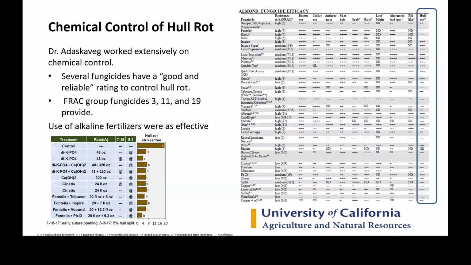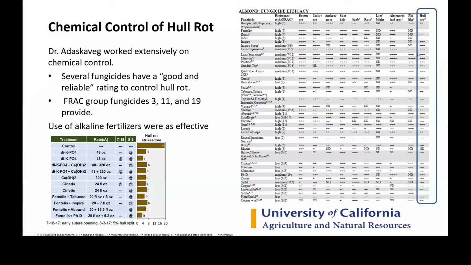I'm now going to switch gears and talk about chemical control. Most of this work has been done by Dr. Mohammad Yaghmour, and you can find this table at the UCIPM website. It shows the different fungicides and their efficacy.